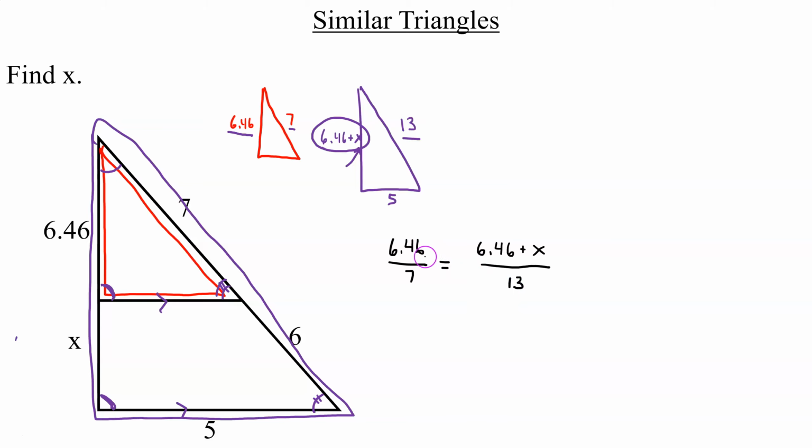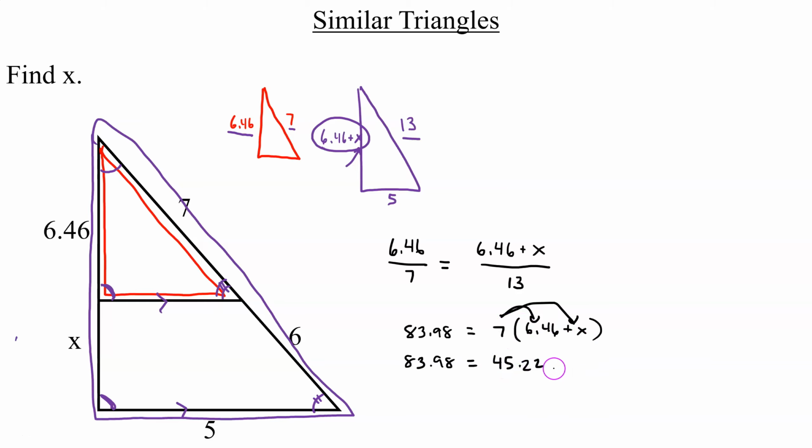Next, we're going to cross multiply. 6.46 times 13 gives us 83.98. And then we're going to cross multiply again. 7 times 6.46 plus x. We have to distribute that 7. 7 times 6.46 is 45.22.